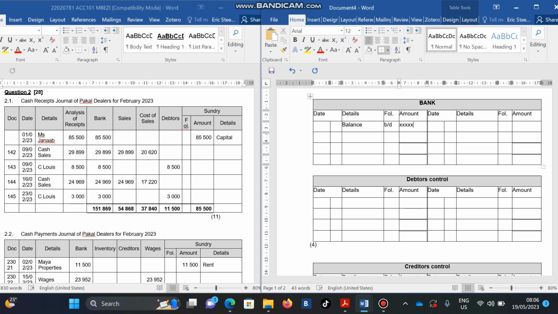The general ledger is monthly, which means at the end of the month, we do a general ledger, we close it off, and then we start the new month with the opening balance from the previous month.